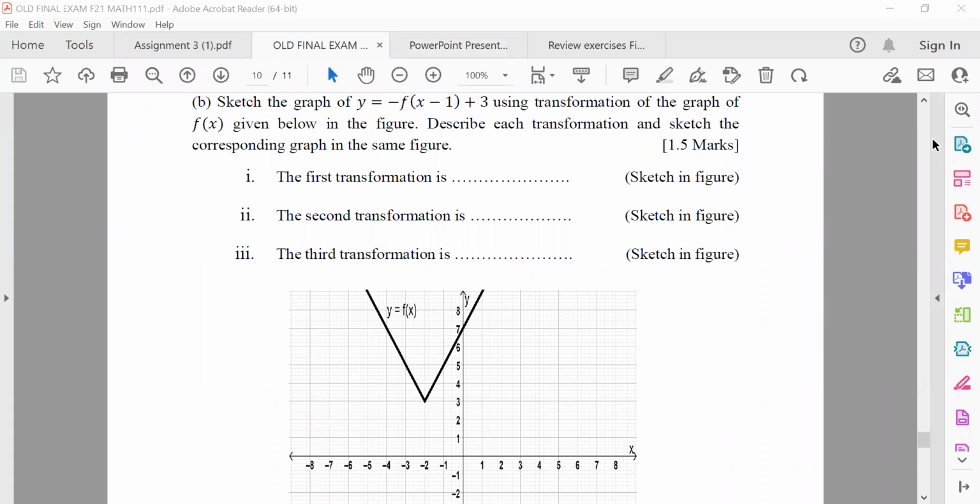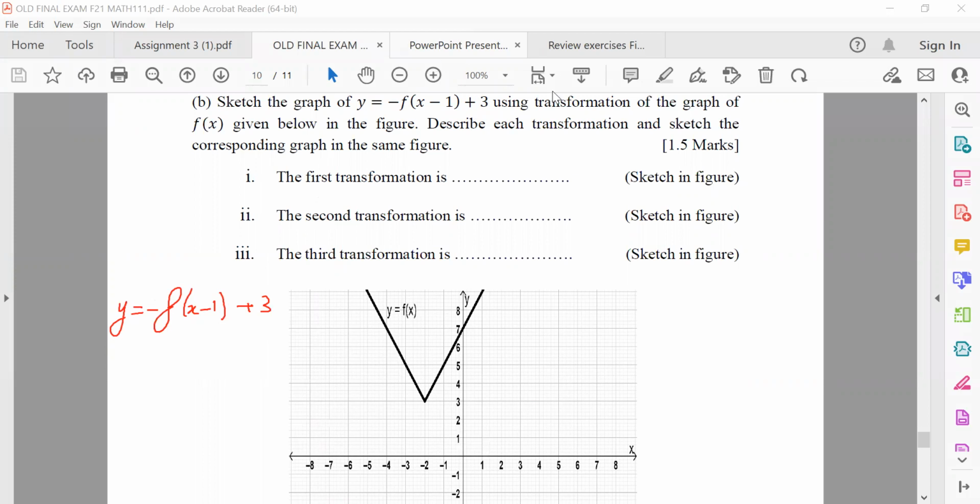Question B. Sketch the graph of this function. So I'll write it here: minus f of x minus 1, plus 3. So we have 3 transformations here.